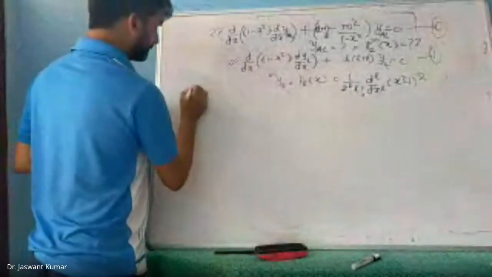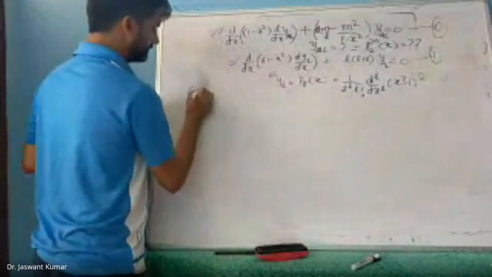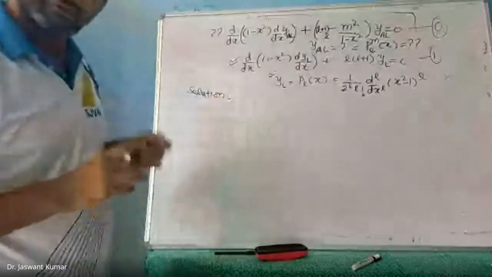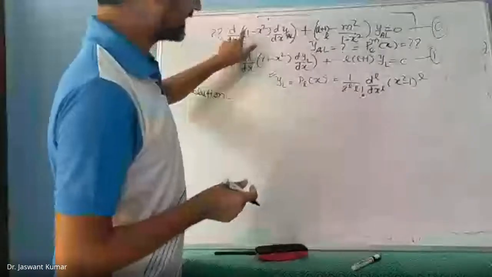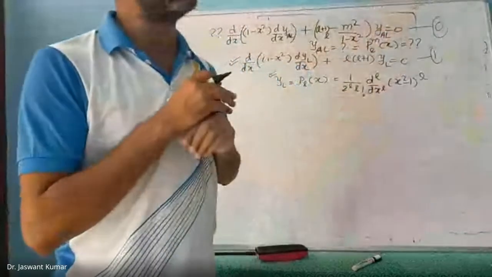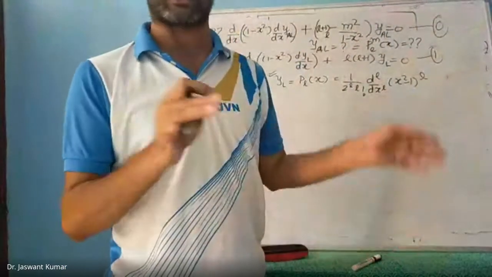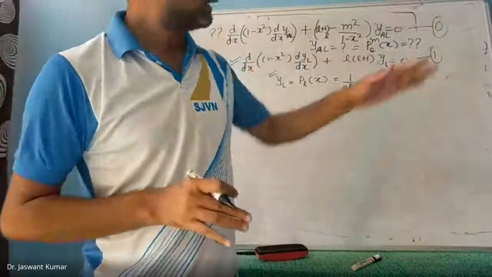So let us solve it. Solution says that we do not start with equation number 0. We do not even know whether equation 0 exists in this universe or not. Okay, so we are ignorant.